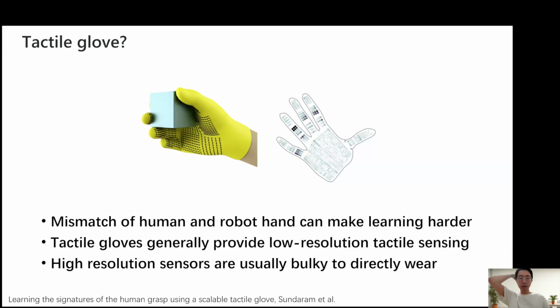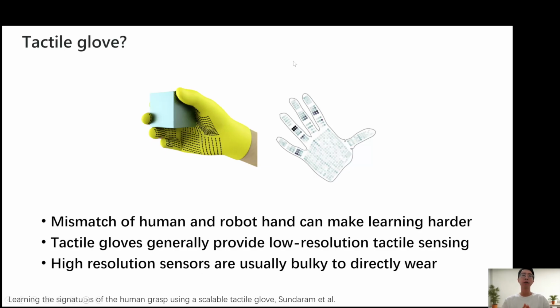So it's an open question whether this kind of low resolution tactile sensor is enough to support our daily manipulation. And lastly, there are some high resolution tactile sensors, including vision-based tactile sensors or Hall effect-based tactile sensors. But they are usually pretty bulky to wear.